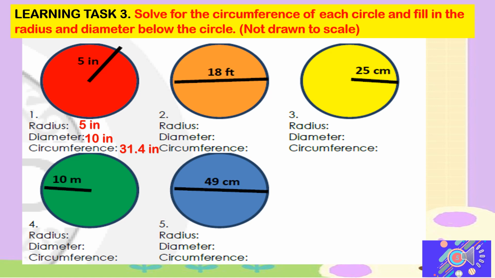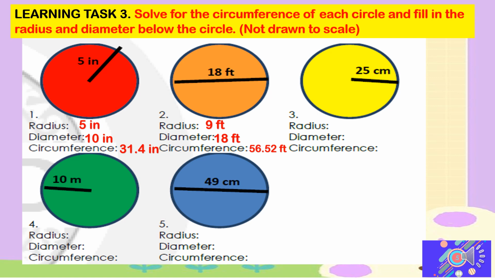For number 2, the given is 18 feet. Diameter yung given, so ang radius niya is 9 feet. We have to divide 18 by 2. And the diameter is 18 feet and the circumference is 56.52 feet.